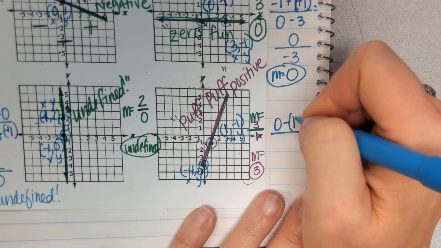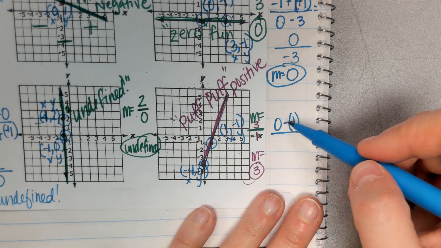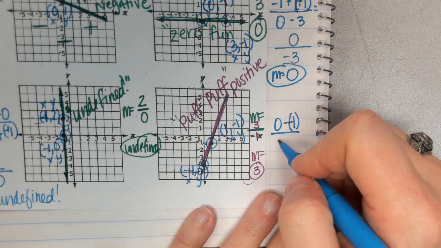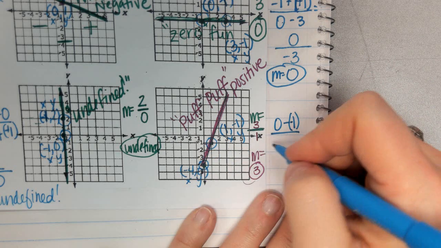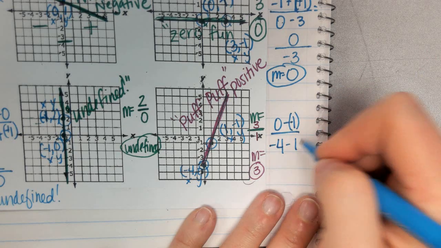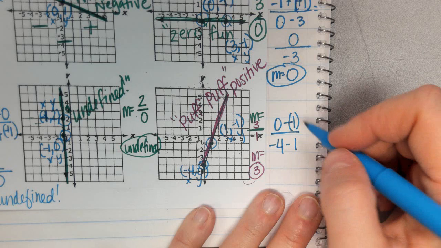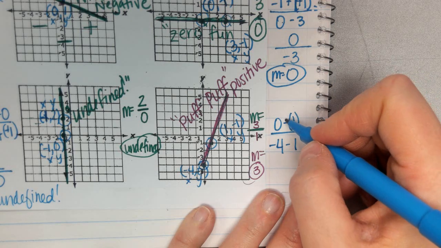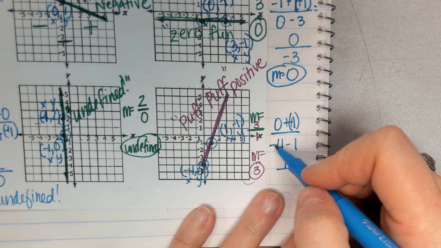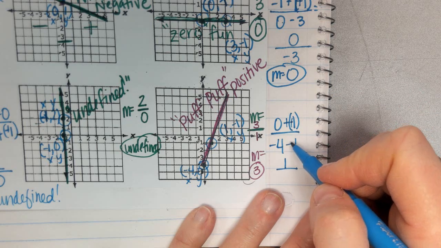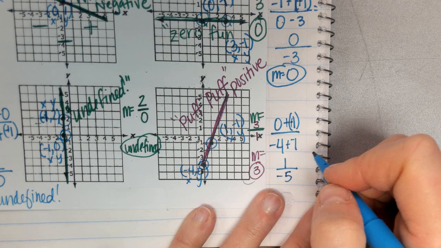This is why you put those parentheses, minus negative 1. Sorry, should have put a parenthesis there. It's 0 minus a negative 1. And then negative 4 minus 1. Those are my x's. Okay, so let's do this subtraction, plus the opposite. So that's just 1 over negative 4 minus 1, which is the same as negative 4 plus negative 1 over negative 5.